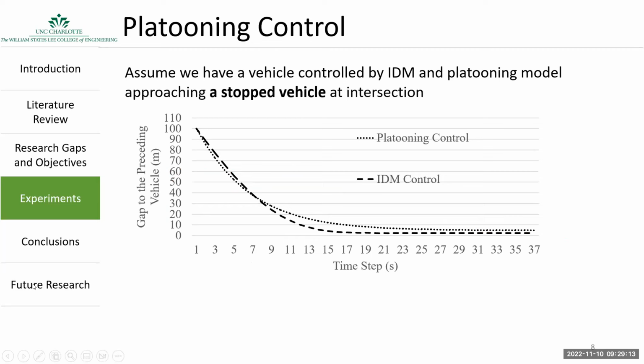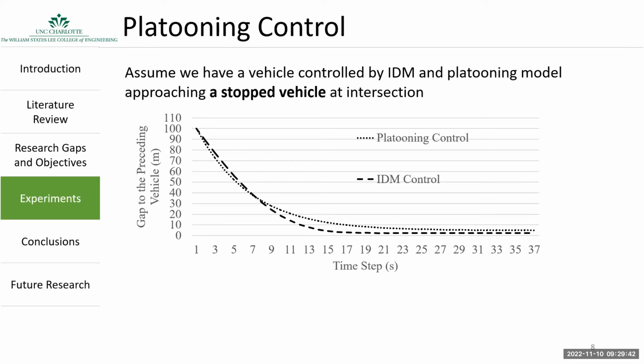However, this control also has some problems because it has a really slow approaching rate to a stopped vehicle. If we have a stopped vehicle in front of the intersection, we can see the vehicle controlled by this platooning control logic approaches the stopped vehicle really slowly compared to the other vehicle.